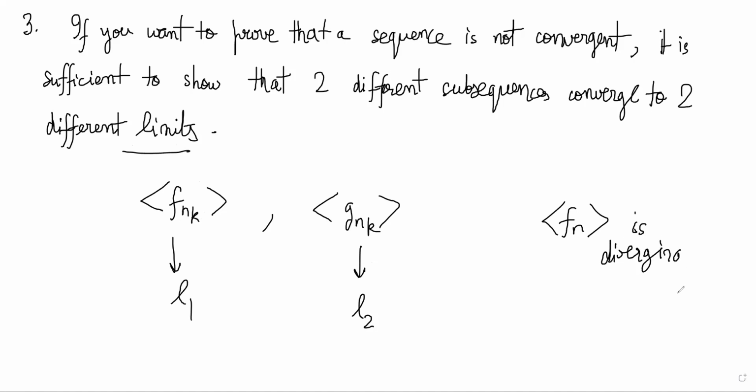Because we saw that if the sequence converges, then all subsequences should have the same limit. We can take the example of -1 to the power n. Basically, if it has to converge, then all subsequences will have the same limit.